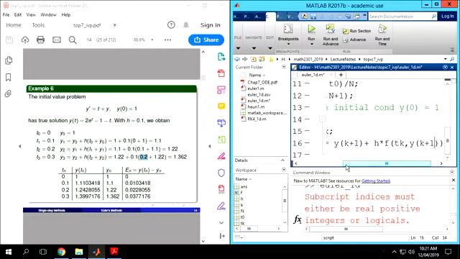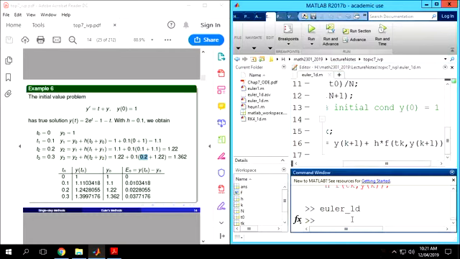So I want to implement exactly this calculation, yeah? Okay, so now check it again. So y1 is 1. Y1 is y0 because we start with index 1 in MATLAB. We cannot start with index 0.